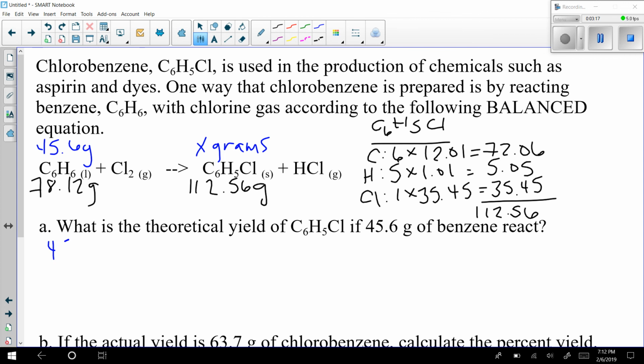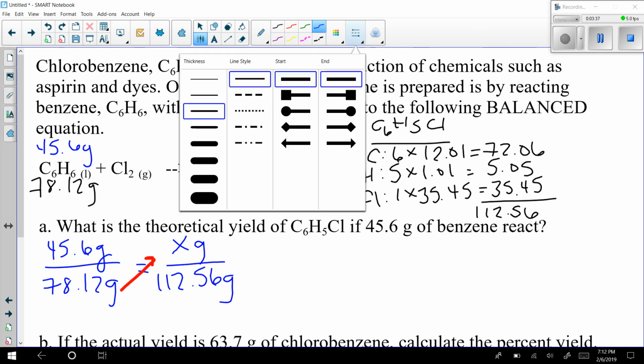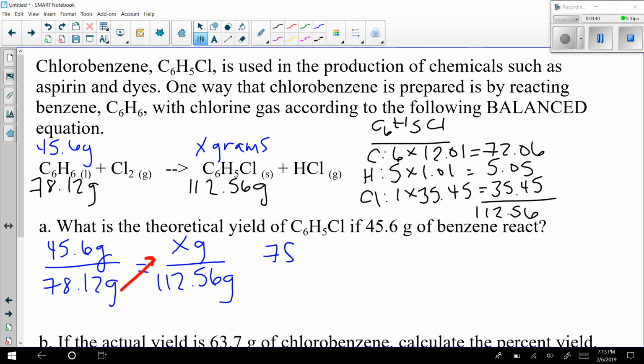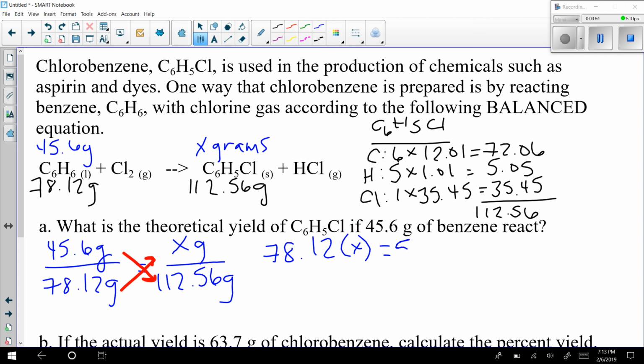Now we have everything that we need to set up our proportion. So we have 45.6 grams over 78.12 grams. And that equals X grams over 112.56 grams. So we cross multiply this way, and we get 78.12 times X equals, we cross multiply the other way, and we get a really big number, which is 5,132.736.